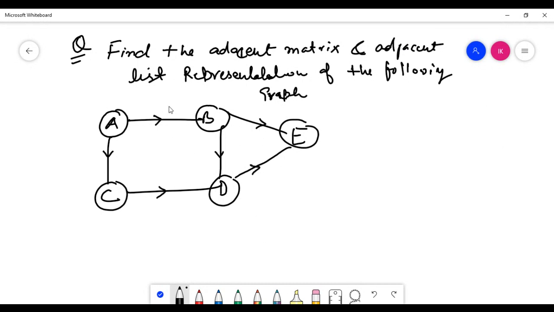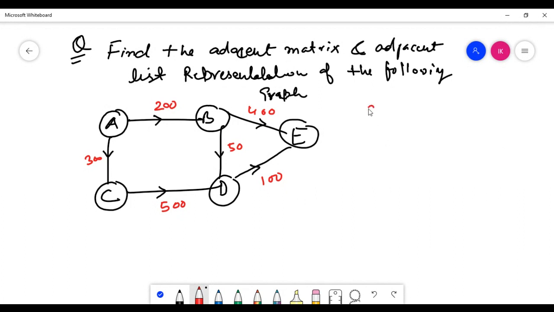A to B 200, A to C 300, C to D 500, and B to E 400. This is 100 and this is 50. Other graph questions are available, no problem.